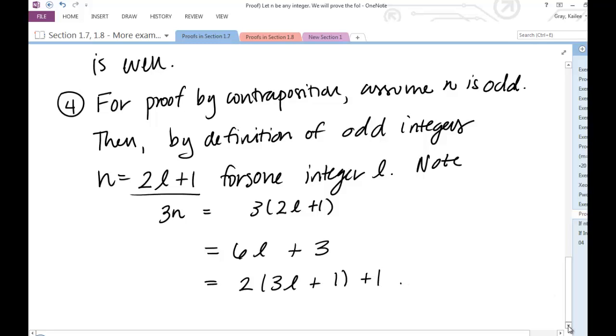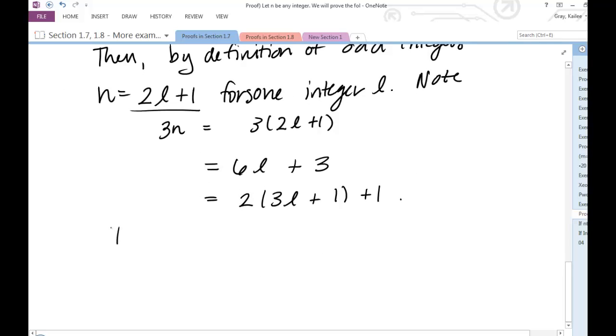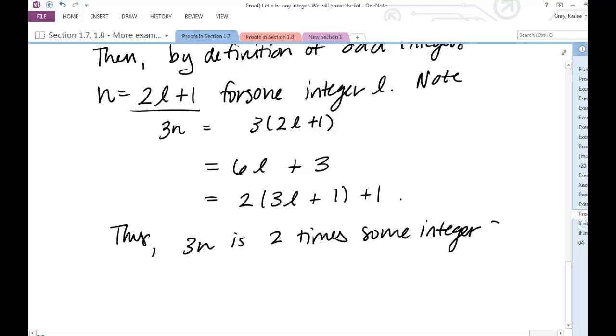All right. Thus, 3n is 2 times some integer, 3l plus 1, plus 1.